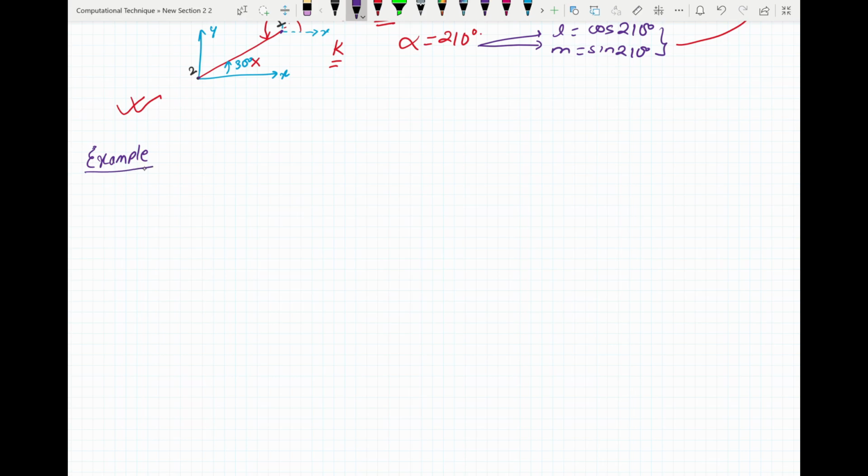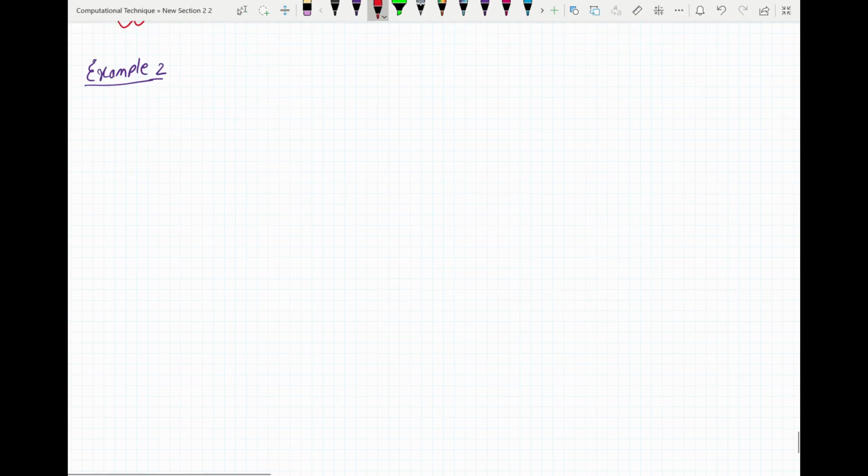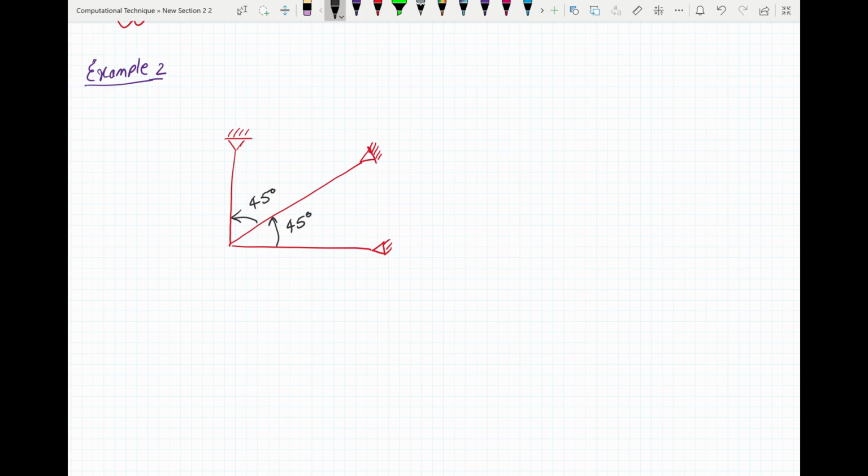So for our next example, let's say we have a truss that is like this. And let these angles be 45 degrees and 45 degrees. Let's say this is 10 feet and this is also 10 feet.